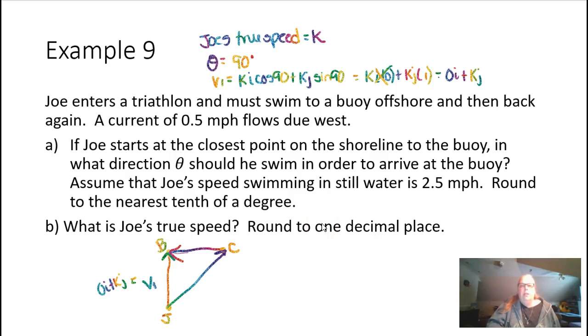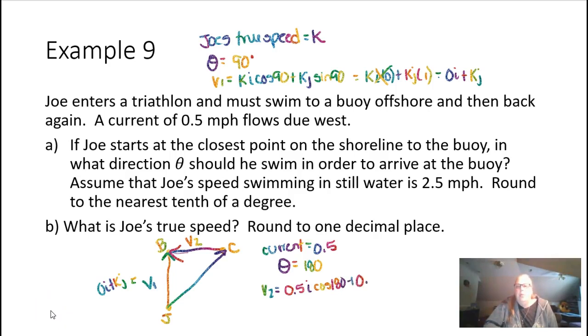All right, our current vector is right here. And the current speed is 0.5. And the angle that the current is flowing, this is going due west, and so that's 180 degrees or pi radians. If we want to put this in terms of i and j, then our v2 vector is going to be 0.5i times the cosine of 180 plus 0.5j times the sine of 180.